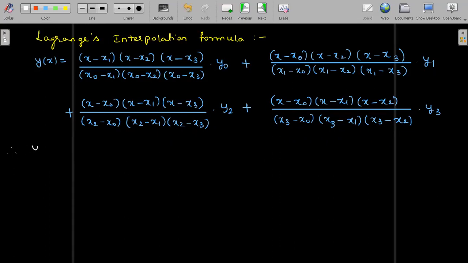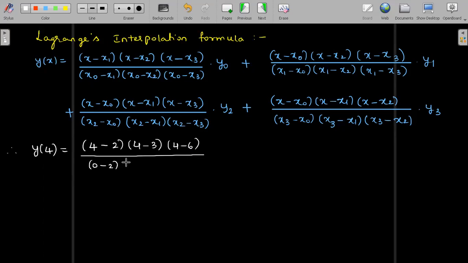So y of 4 is equal to, numerator substitution would be 4 minus 2 into 4 minus 3 into 4 minus 6, the whole divided by x0, which is 0. So we will be having 0 minus 2 into 0 minus 3 into 0 minus 6. And multiplier y0 will be minus 4.